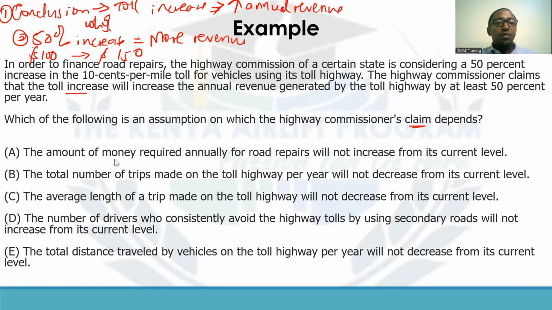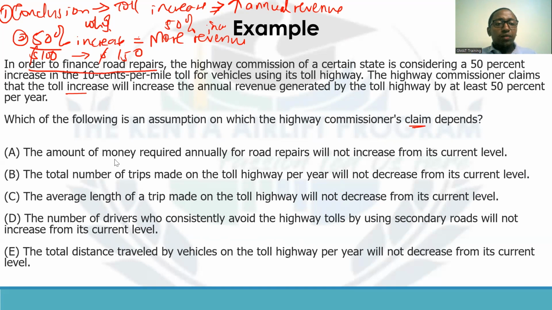So you see, this 50% increase results in a 50% increase in revenue, and it's at least. So we have a conclusion and the author's reasoning. We have some information that we have left out: in order to finance road repairs, this is the reason why the commissioner wants the state to increase the toll by 50%.